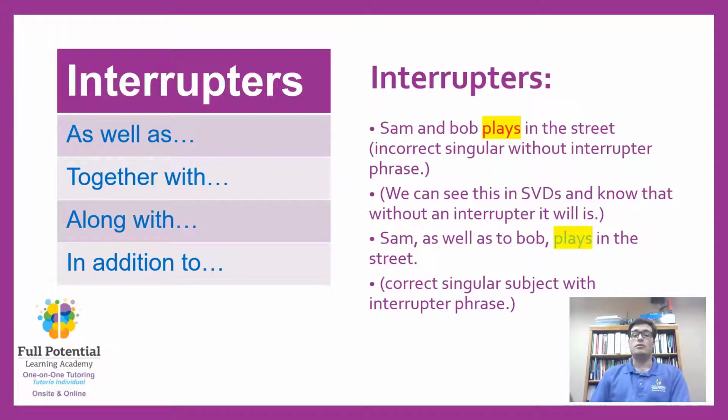However, when we add an interrupter, "Sam, as well as Bob, plays in the street," that's correct. The key thing here is that with the commas, "as well as Bob" becomes an interrupter. So Sam is still a singular subject even with the interrupter. So "Sam plays" is singular, and that is why it is correct. Take a moment now to pause the video and study the short list on the left to see a good number of interrupters.